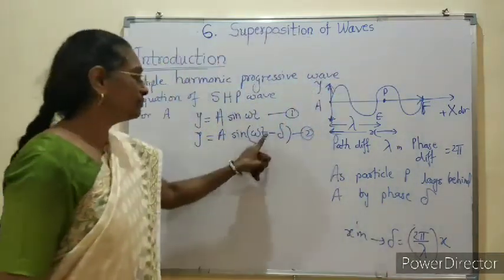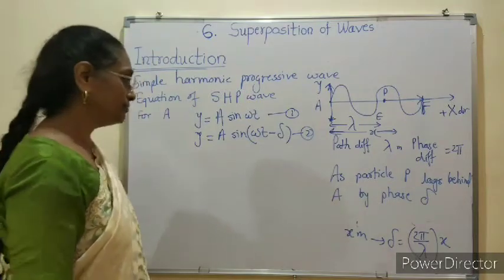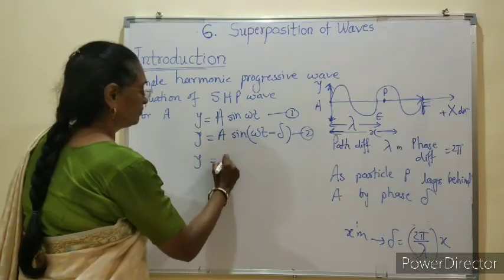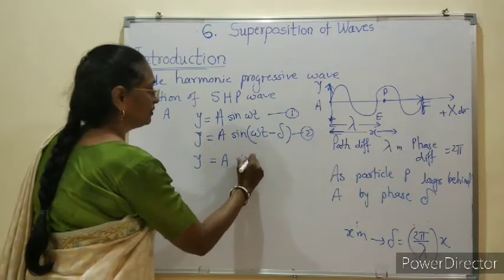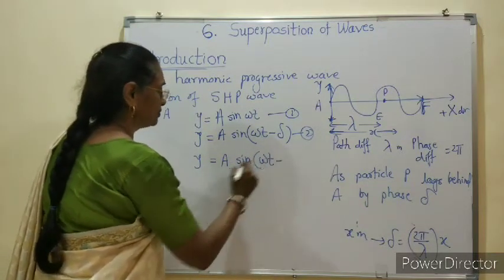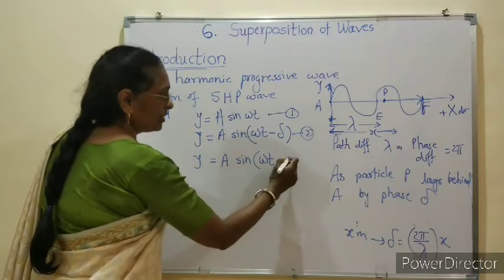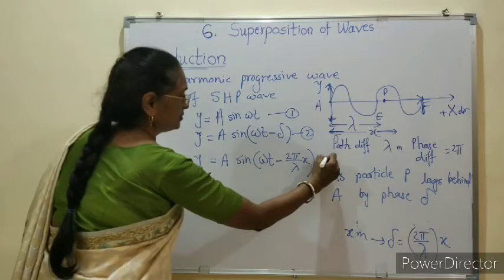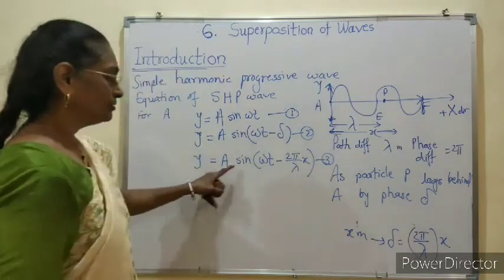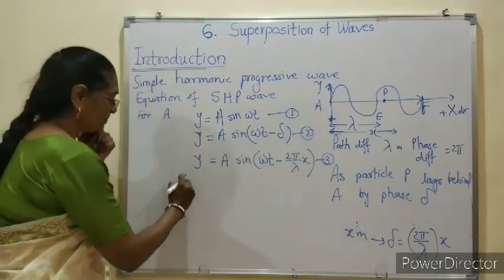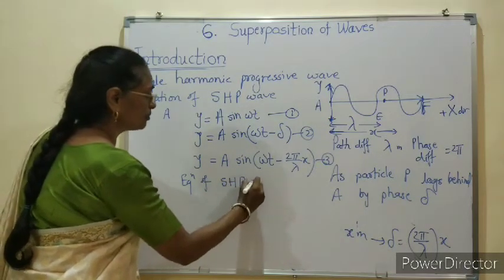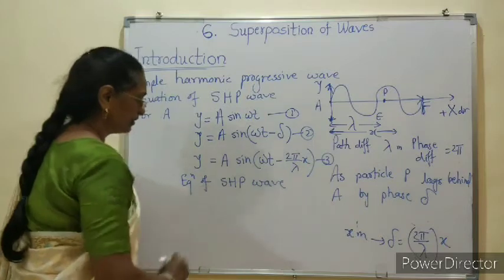It is lagging, therefore we have used the negative sign, and delta we have already obtained. We substitute here, it is A sin omega t minus 2 pi upon lambda into x. This is equation number 3. This represents the equation of simple harmonic progressive wave.